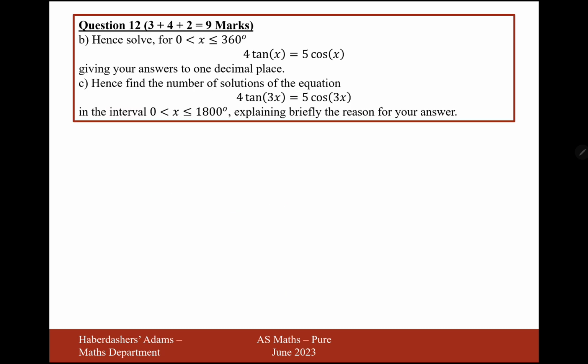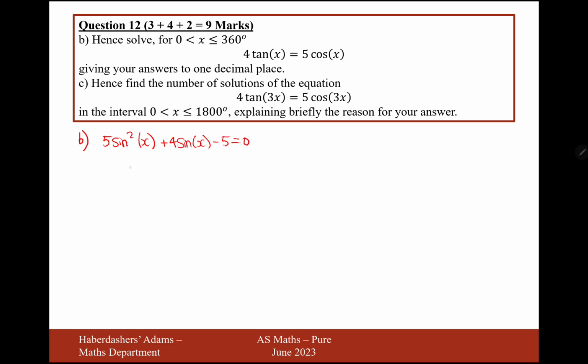Hence, solve between 0 and 360, 4 tan x equals 5 cos x. Well, what I'll do there is I'll use my answer from part A, which is that this equation is equivalent to 5 sine squared x plus 4 sine x minus 5 equals 0.